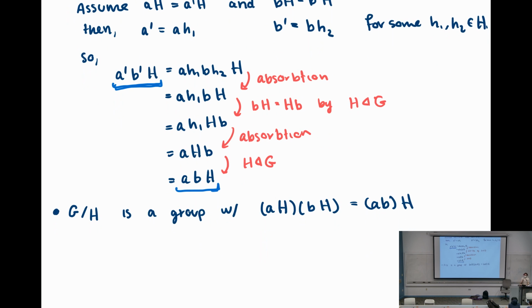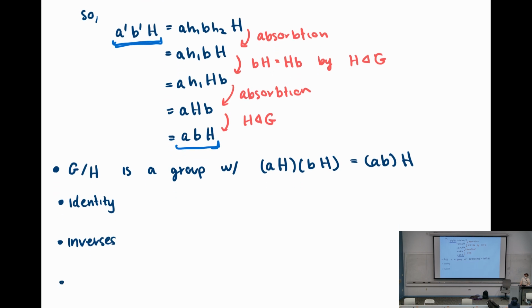And it's been a while, so let's recall that this means that we need to show that there's an identity element. We need to show that there are inverses. And we also need to show associativity. So I'll give you a few minutes to think about this and discuss, and then we'll prove together why this is a group.